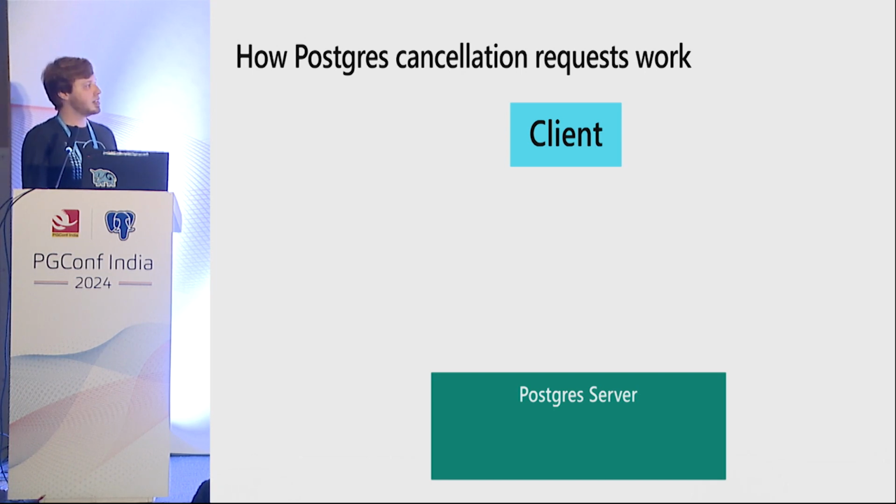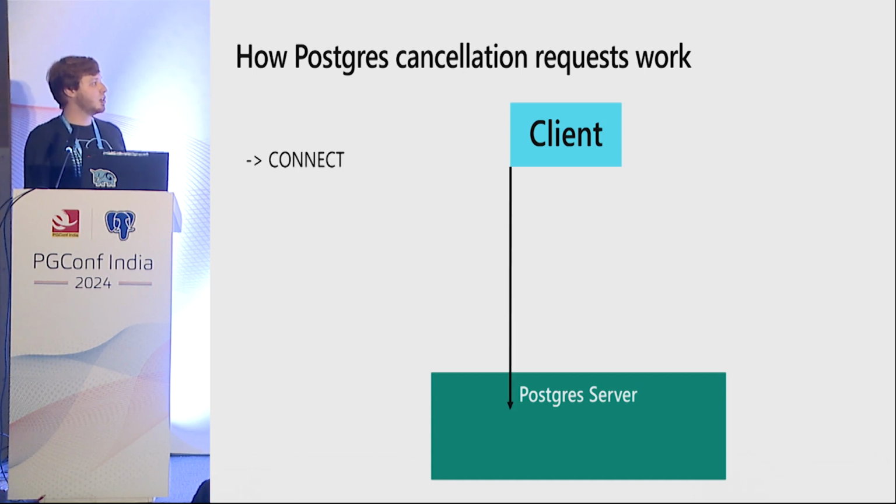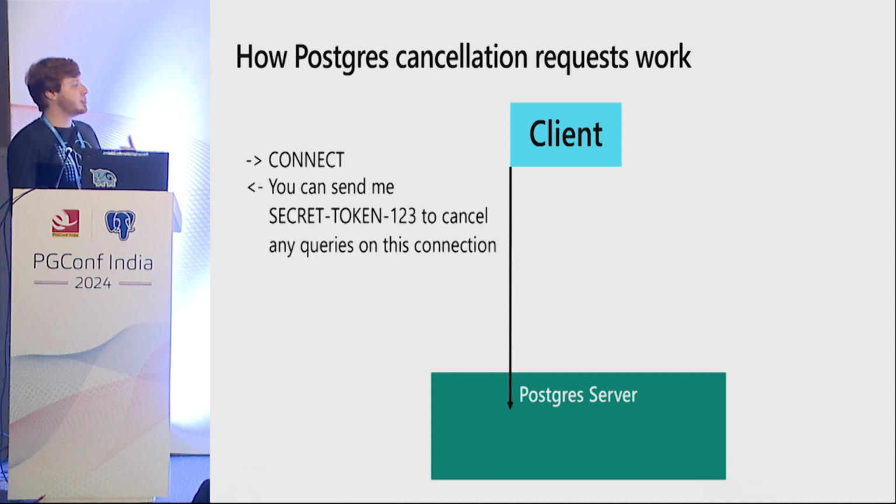The way they work is that a client, when they connect, opens a new TCP stream and connects to the Postgres server. They send, I want to connect, this is my password, and so on. And then the server sends back, okay, good, you are logged in. You can send me this secret token, with some secret, 123, very secure, to cancel any queries that are running on this connection.